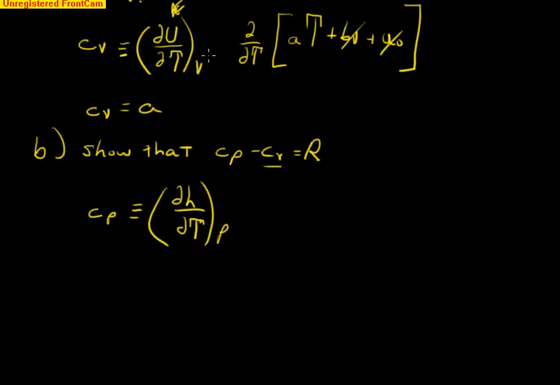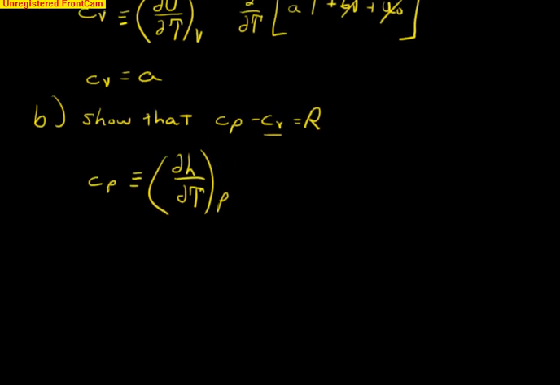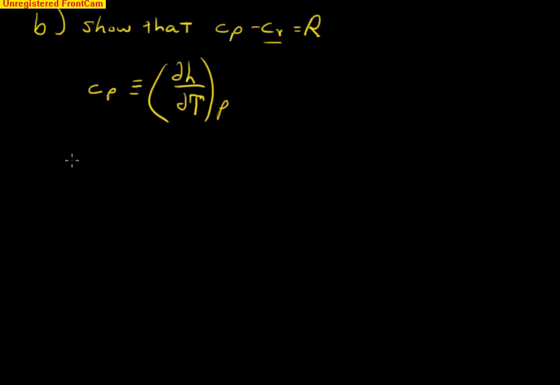Just like the internal energy, the enthalpy is a state variable, and it doesn't matter the path that you take. It's always going to be the final minus the initial that gives you your change. What do we need to know here? We need to know what H is.